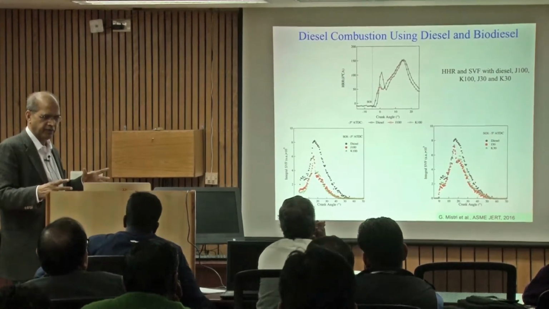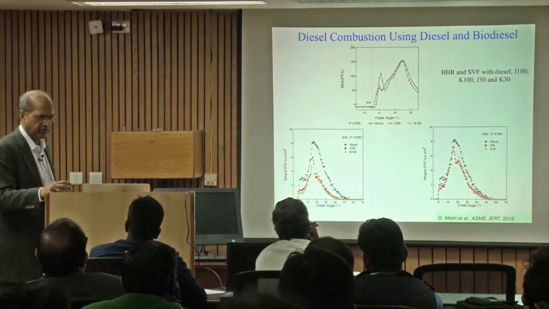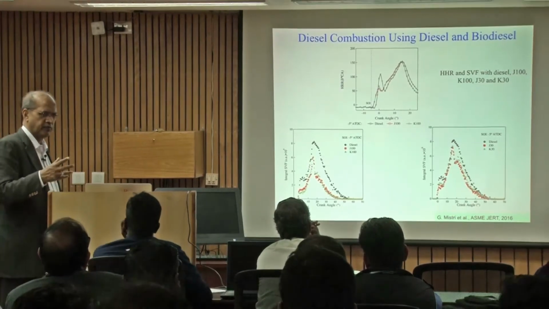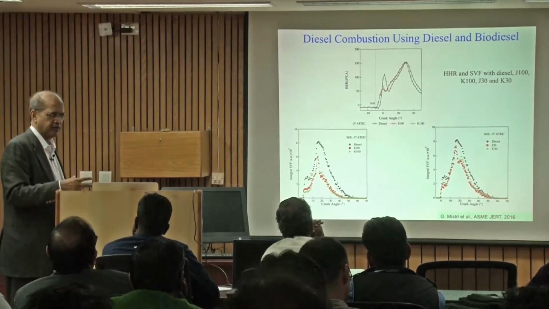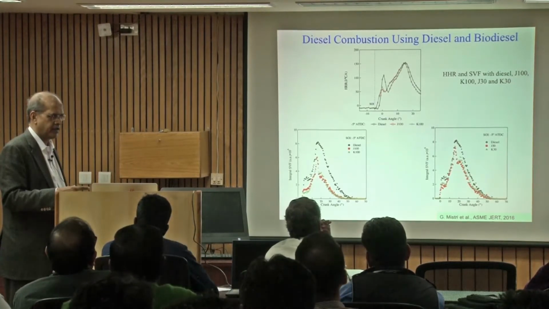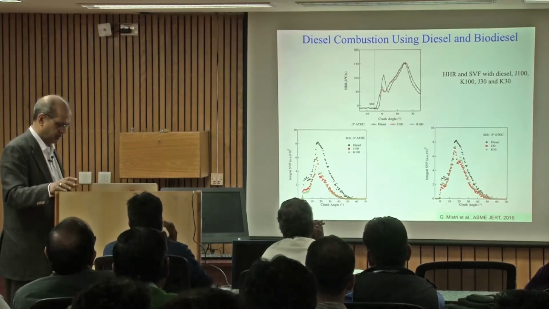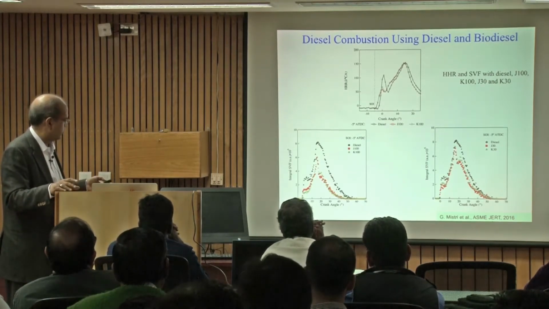There will be more mixing because ignition occurs later. So more heat release occurs in the premix combustion in a diesel because the ignition delay is longer. So that's what you see here.